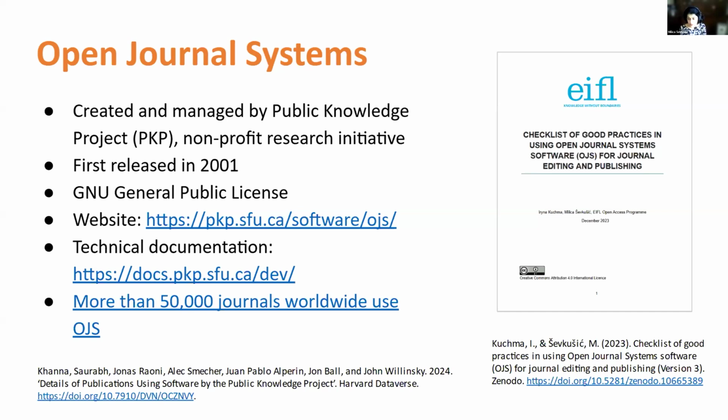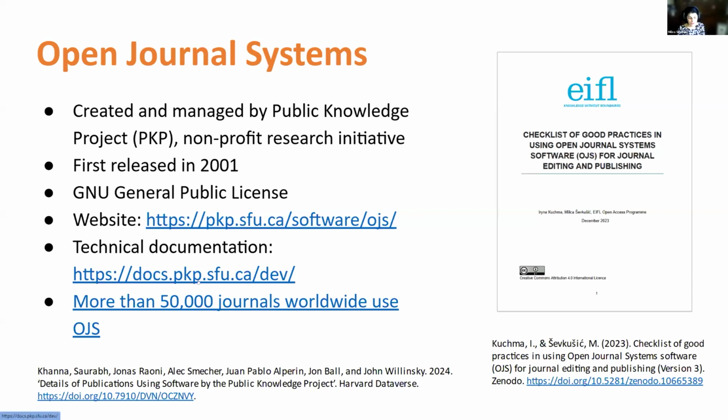It's under the public license, it's free and open source, and it's not that difficult to install and manage, very often on the available resources, on institutional servers, etc. And currently there are more than 50,000 journals using this software. This number is probably higher, but these are identified cases.